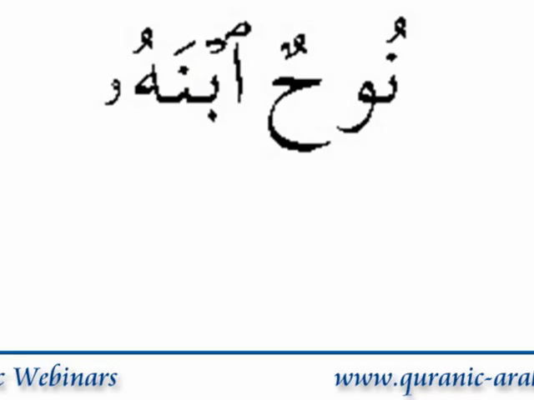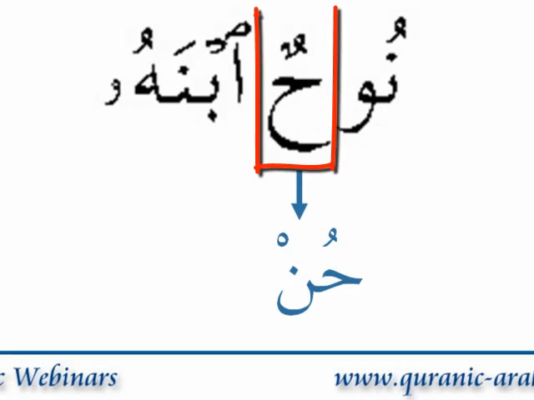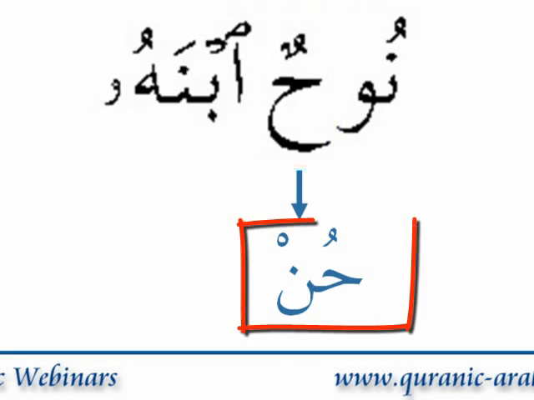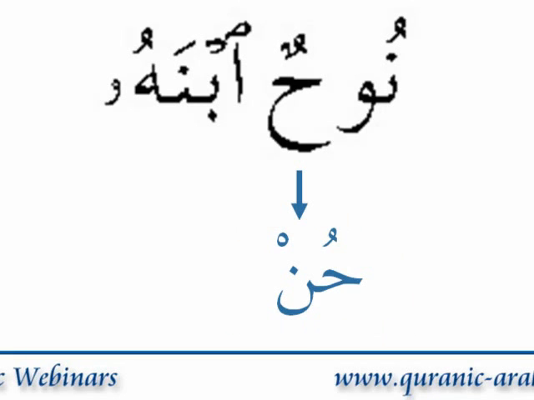And the problem we have here is if we break this down, the hun is actually the ha with dhamma, noon and sakin. So underneath what we've just seen, that round circle for us is the computer version of sakin. Okay, so we have hun.